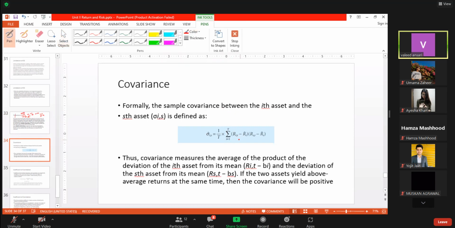You recall that the same formula is there in standard deviation. Only here there are two securities, let us say I and J. There R bar was the mean, and we had squared it. In the same way we take the deviation of the first security, up to the number of periods, T, and this is another security J. So we subtract the return of security I from the mean return of that security, and we multiply by the return of security J minus the mean return of security J. Instead of squaring it, we multiply, then add, and divide by T, the number of observations. We arrive at the covariance.